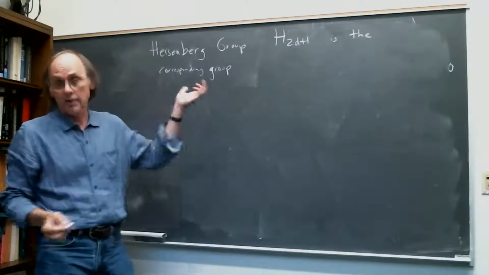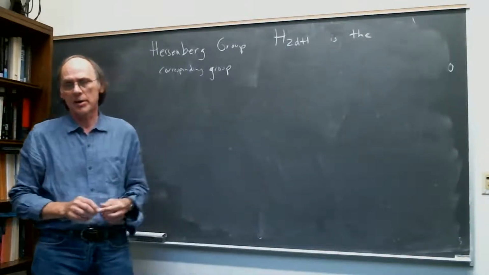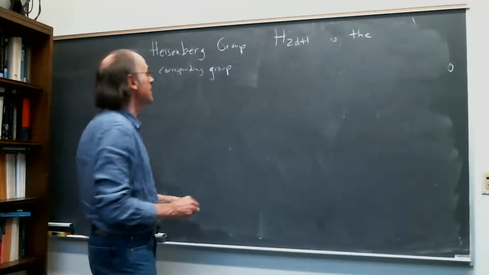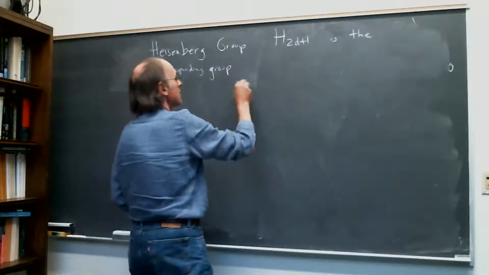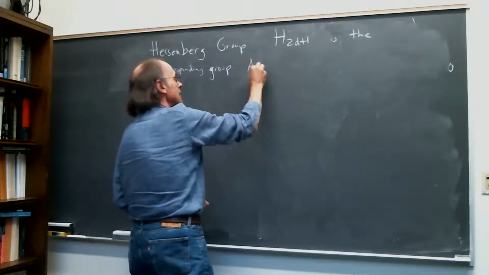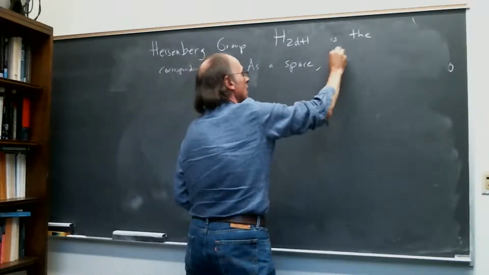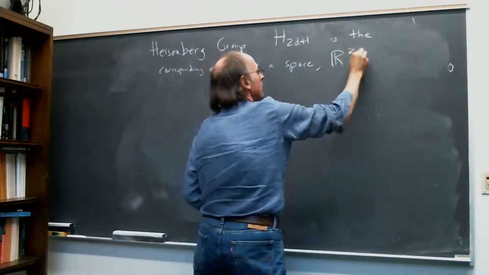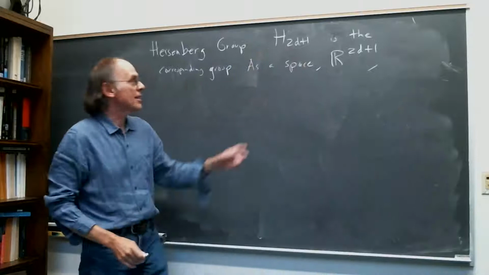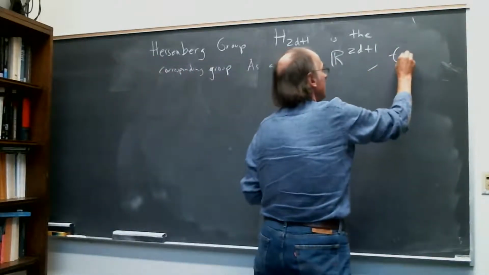And you can think of it as the group of matrices you get by exponentiating the kinds of matrices I just erased. As a space, it's R^(2d+1), but it has a funny nonlinear group law.